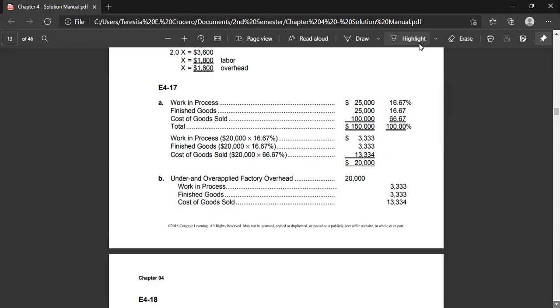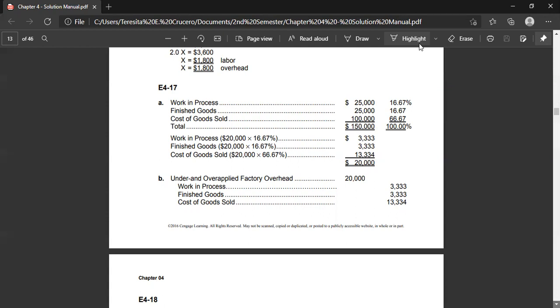Actually, I'd like to repeat that the over-applied or the under-applied factory overhead may be closed by using either of the two options. One, if the amount is considered to be immaterial, then you can just close the variance directly to cost of goods sold. When I talk about the variance, I mean the over-applied or the under-applied factory overhead.